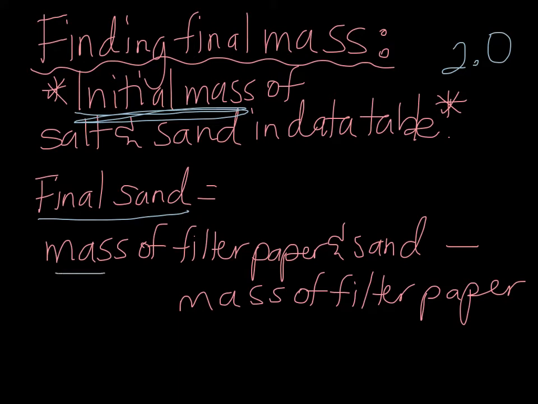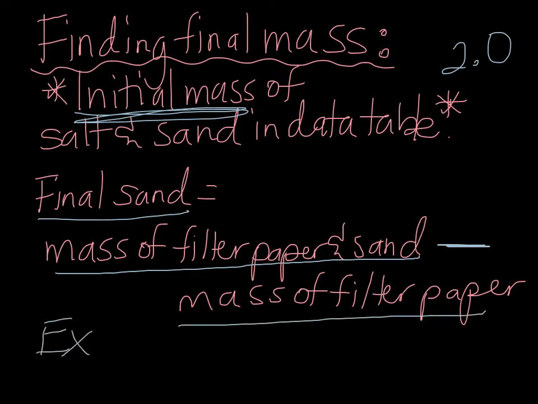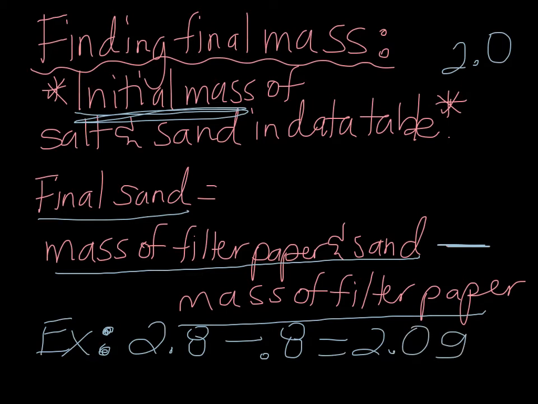You need to get the mass of the filter paper and sand and subtract the mass of the filter paper. So for example, and again, use your own numbers, but I'm just going to give you an example. My mass of filter paper and sand is probably around 2.8. Mass of the filter paper is around 0.8. So that means the final mass of my sand would be 2 grams.